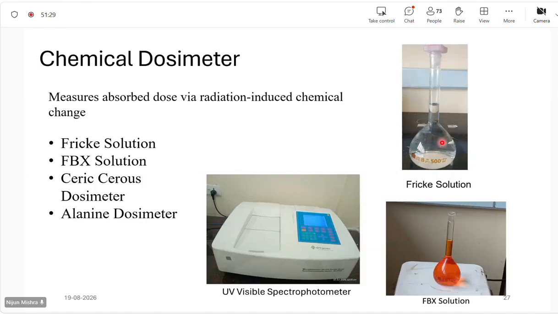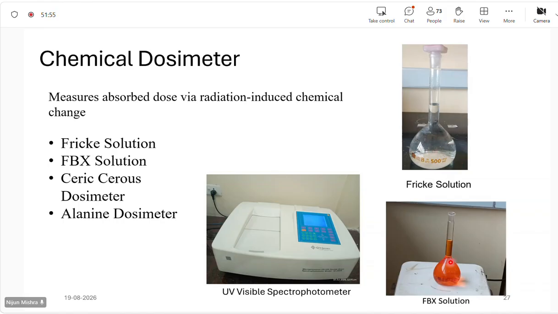When radiation interacts with the solution, ferrous ion Fe2+ gets converted to Fe3+ ion. Later, with the help of a UV visible spectrophotometer, we measure the absorbance that we obtain from the ferric ion. So the amount of ferric ion produced is directly proportional to the amount of dose received by the dosimeter.